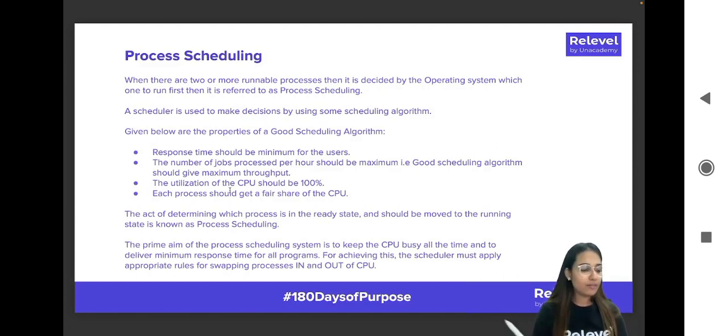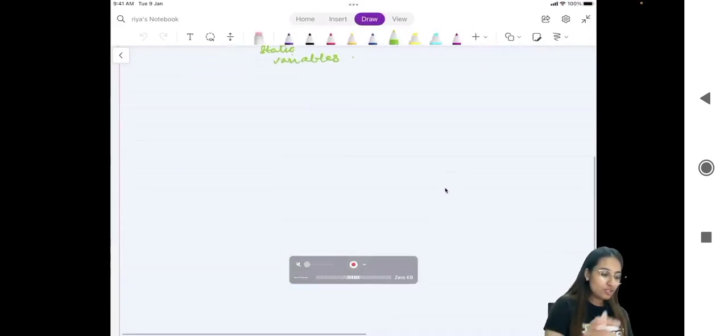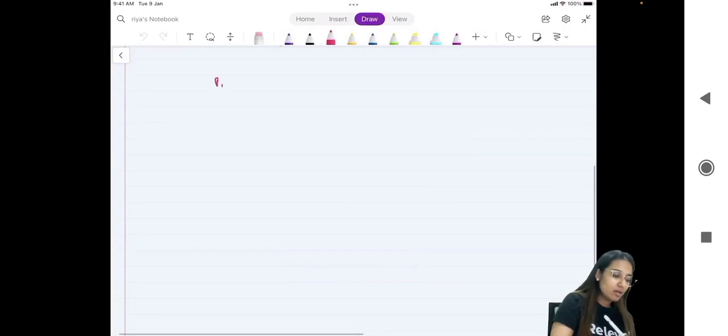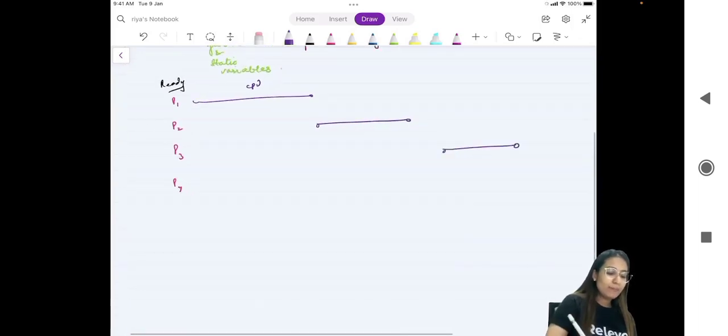To show you a quick example in layman terms, it would be something like this. If you have processes P1, P2, P3 and P4 and all are in the ready state, it's not like first P1 will fully get executed by the CPU, then P2, then P3 and P4.